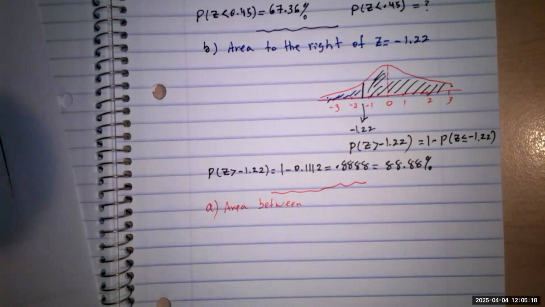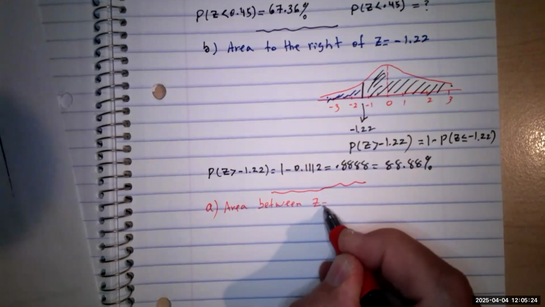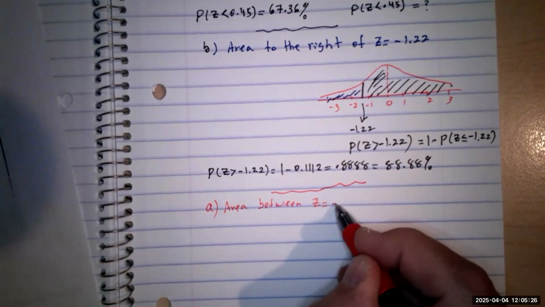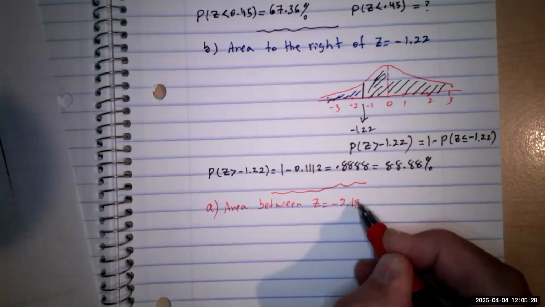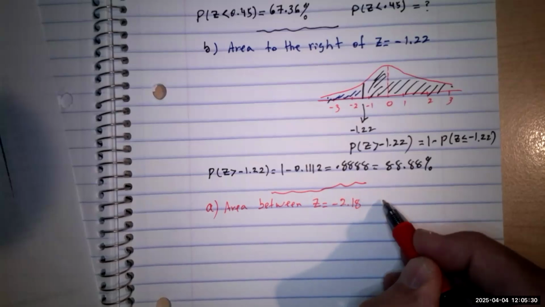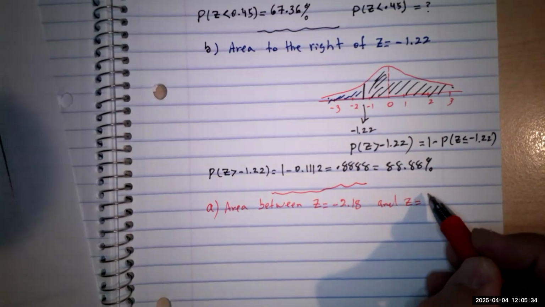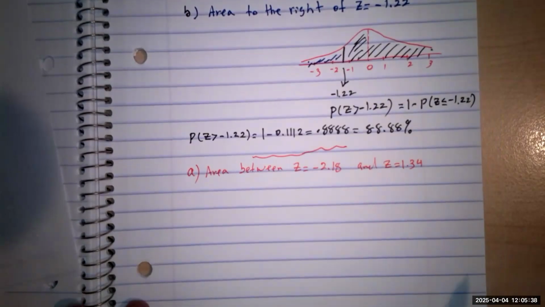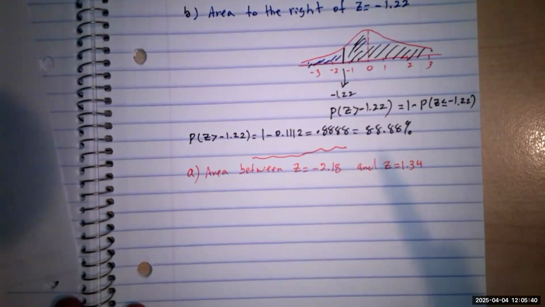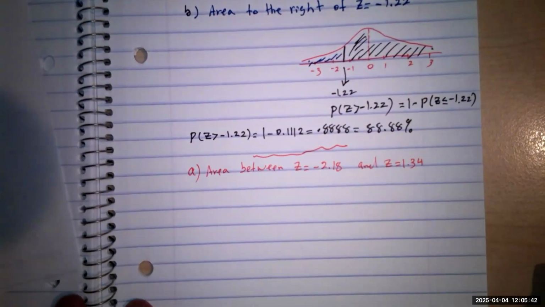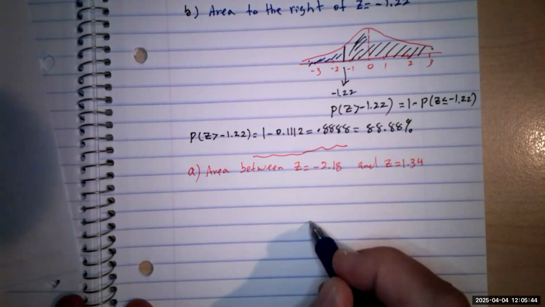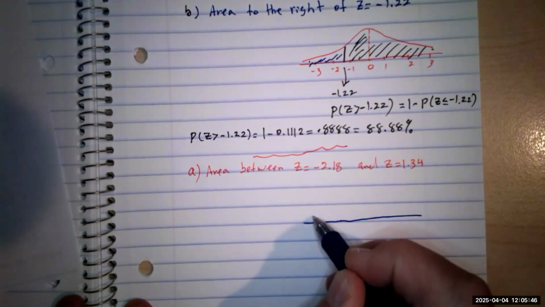The numbers that you have are between z equal to negative 2.18 and z equal to 1.34. You see this area between two numbers. So get the graph first. See what type of graph you have. This is going to be the one.